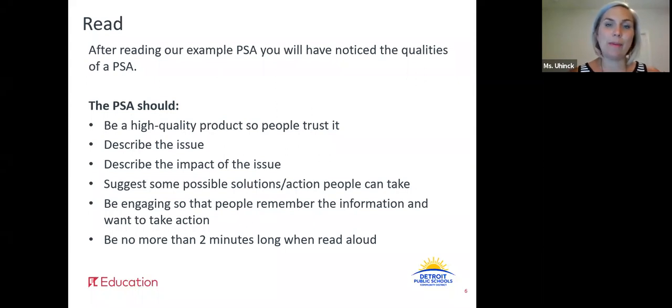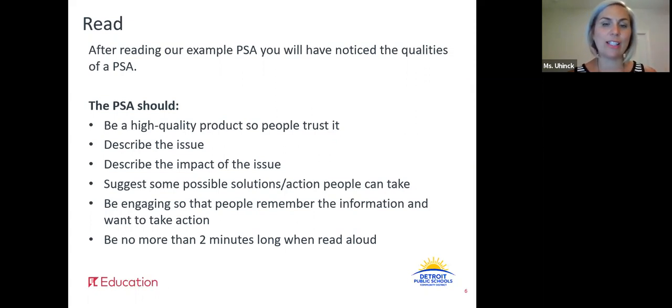After reading our example PSA, you probably have noticed some qualities of a PSA. So just a reminder, the PSA should be a high quality product so people can trust it. In it, you're going to describe an issue. Like yesterday, we read about hunger, right? You're going to describe the impact of this issue. How is it affecting people?